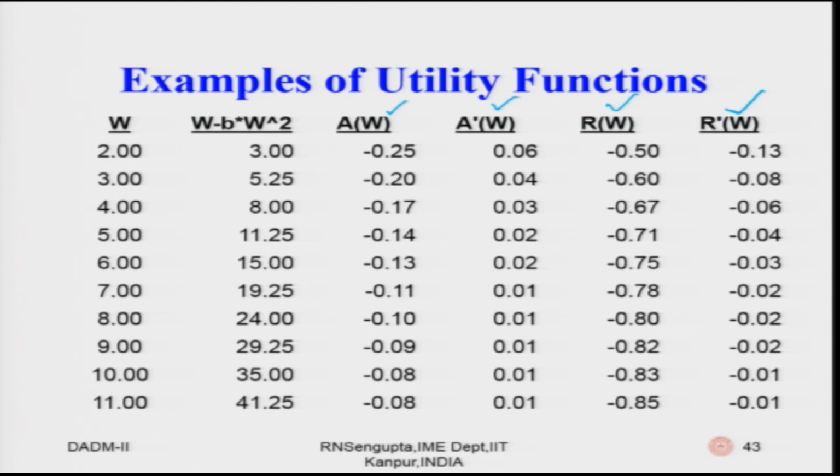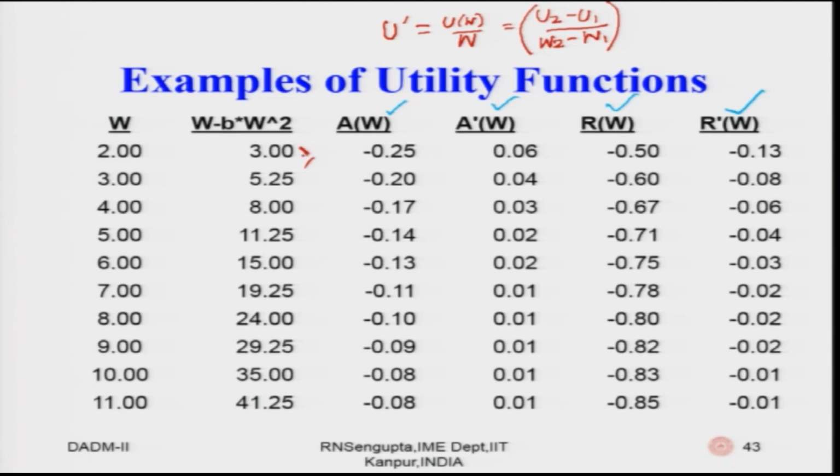Now, what is U prime? Let me write it down. Technically, U prime is equal to change in U by change in W. What you do is find the difference of U 2 and U 1, so this will be second value of U minus first value of U, over second value of W minus first value of W. Based on that we find the first derivative.